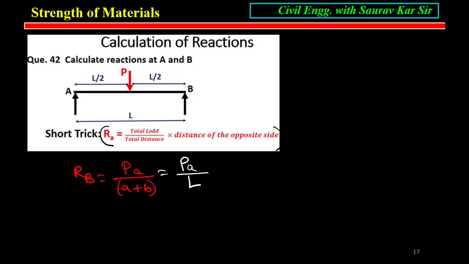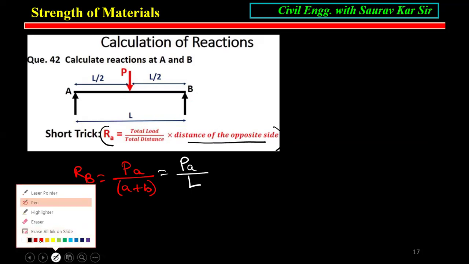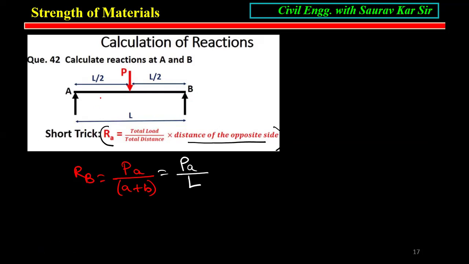RA is equal to total load by total distance into the distance of the opposite side.